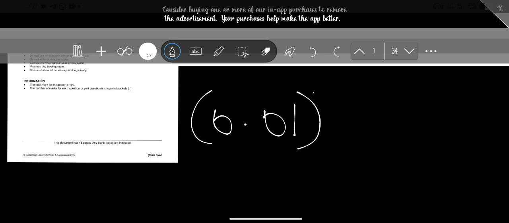So that is 0.01 raised to the power of 2.